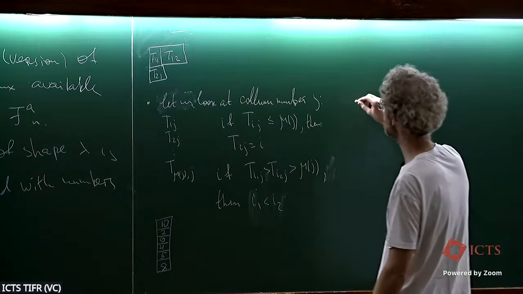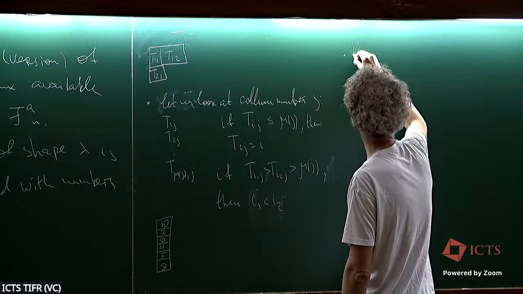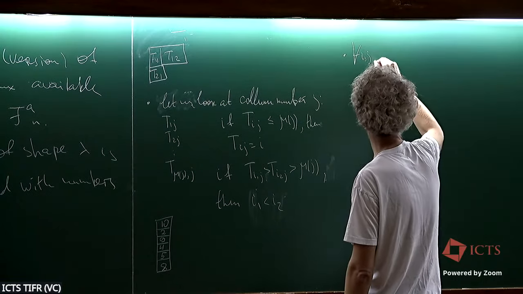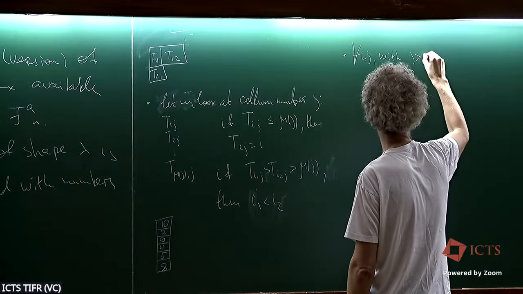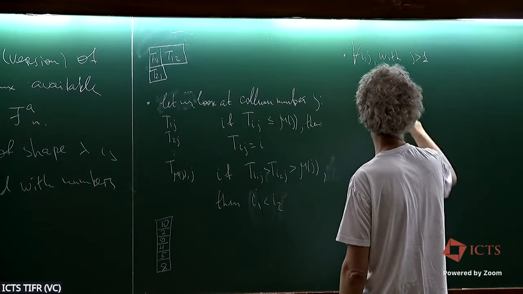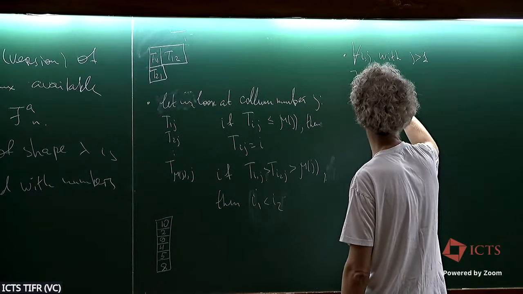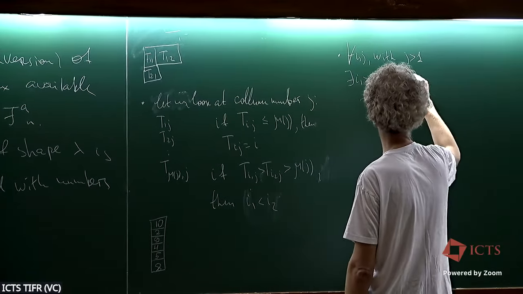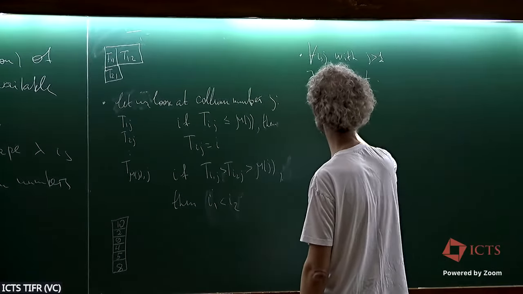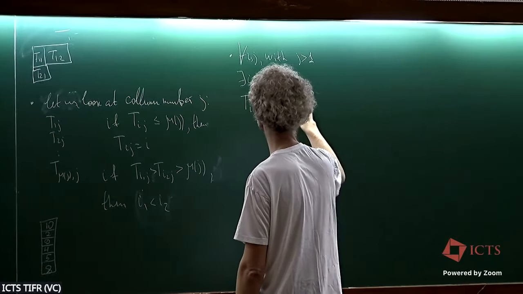And the second condition is that for any i, j with j greater than 1, there exists i1 greater or equal than i, such that T_i1,j-1 is greater or equal than T_ij.